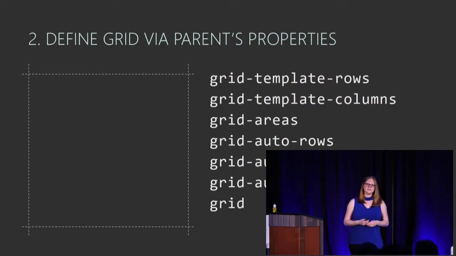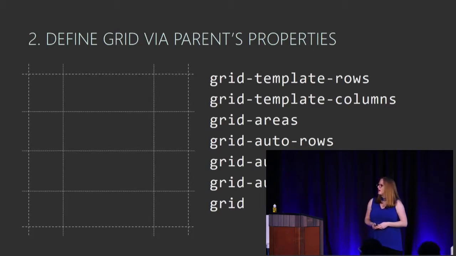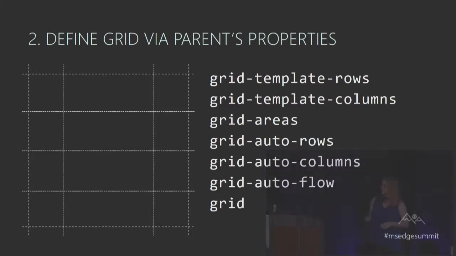We then define the grid via the parent's properties. These are the rules that we're talking about. There are quite a few different properties here, and there are so many different ways to express the same grid with these various properties. So we're going to be scratching the surface, and we might not go into all the shorthands today, but this is what you'll take a look at as you explore more.